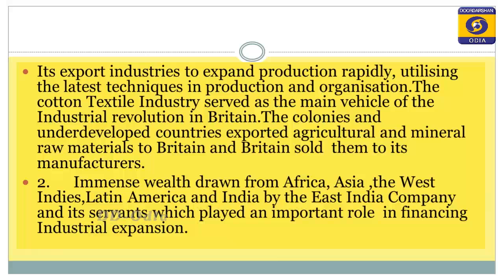These food grains and agricultural products were taken away by the Britishers in order to feed their industries and their laborers. So, immense wealth was drawn from Africa, Asia, the West Indies, Latin America and India by the East India Company and its servants, which played an important role in financing industrial expansion.